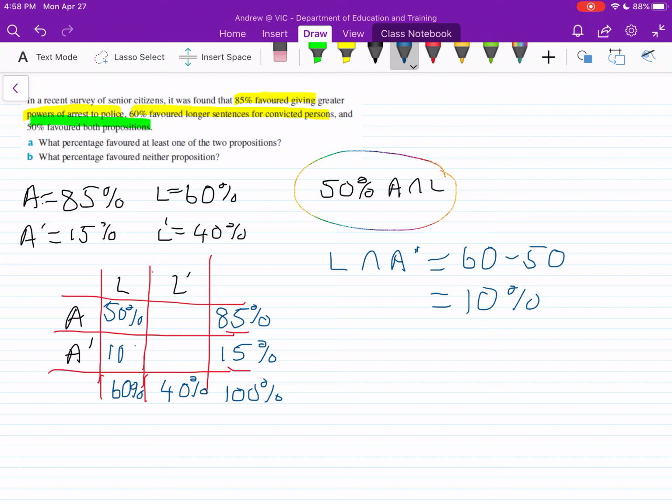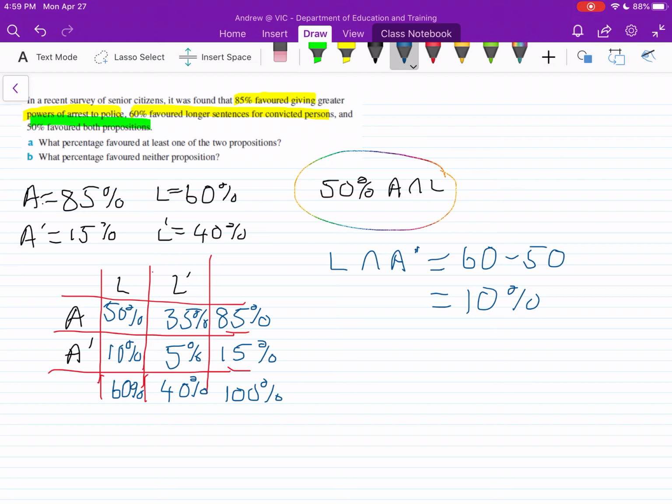Just remember, this is how you break it down. So then we can start filling these in. This here is 5%, and this up the top is 35. So just double check up, down, and across if everything still adds up. Going down L, 50 plus 10 is 60, that's good.